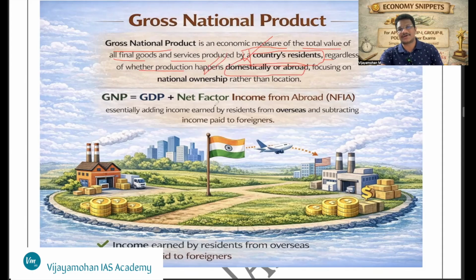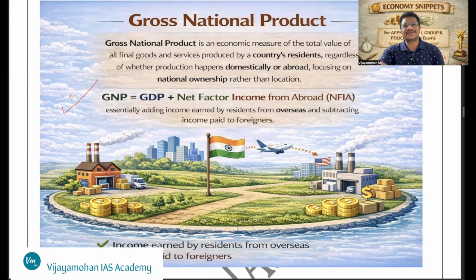So if the production or income is being generated by a citizen of India, whether domestically or abroad, it will be considered while calculating gross national product, and the total of that will be the gross national product.